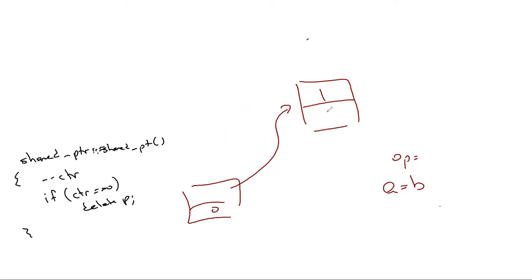But the actual memory itself won't get deleted. And then if the next one gets deleted and goes out of scope, then the destructor will say, oh, now it went down to 0. Now we get to delete the actual heap memory and reclaim it.